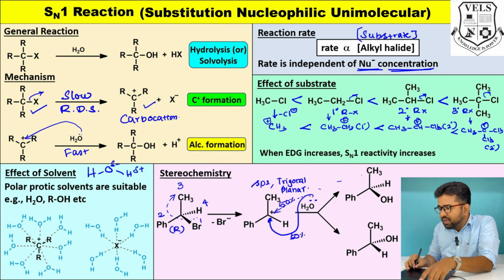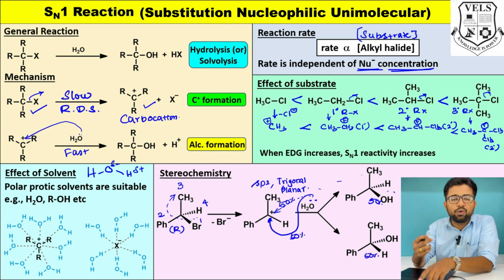And as a result, you will get two products here: 50% of this product and 50% of this product. If you look at the configuration of the products, the first product carries R configuration, and the second product carries S configuration.